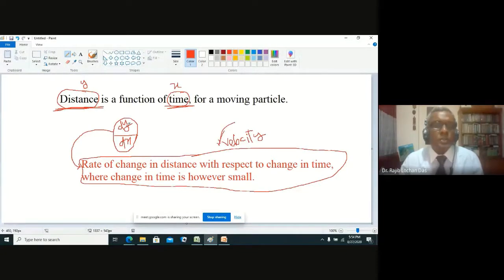So dy/dx in this case is the rate of change in distance with respect to change in time. This is the understanding in calculus. If you know the name velocity, good. If you do not know the name, say you are not from the science group, that is also all right. No problem with calculus here. Is that clear?